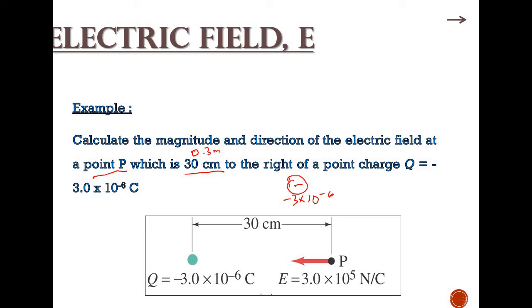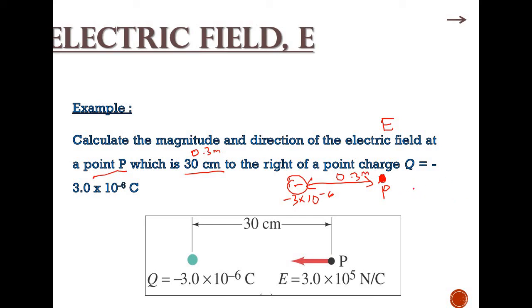The question asks you to find the electric field E at point P, to the right, here. You know that the distance from this point to the charge is 0.3 meter.